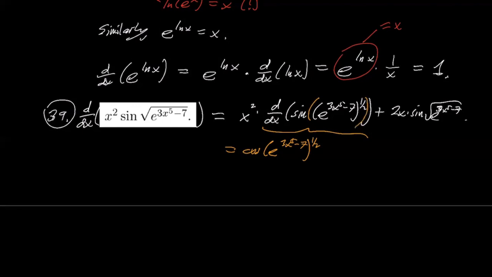Sine of all of that, so it's cosine of all of that times the derivative of that e to the 3x to the 5th minus 7 to the 1/2 power.